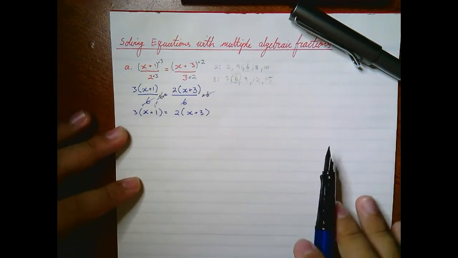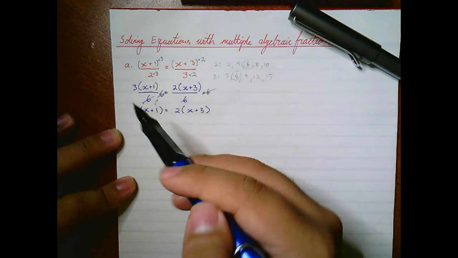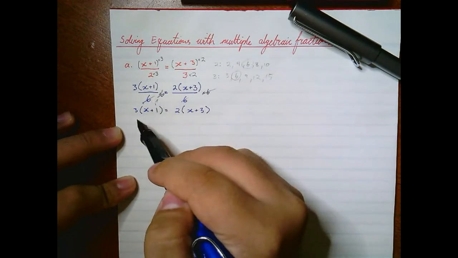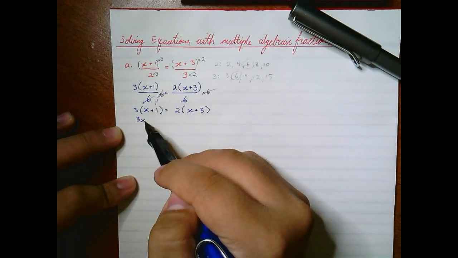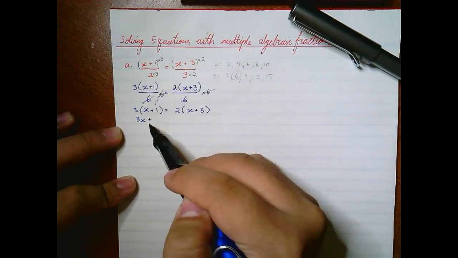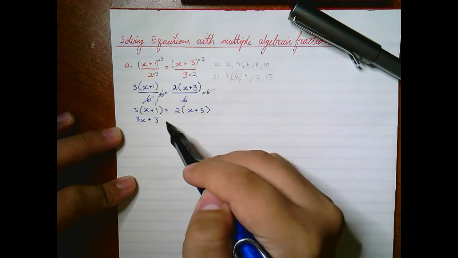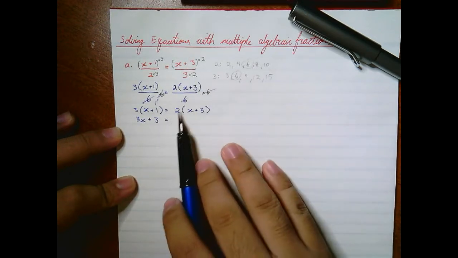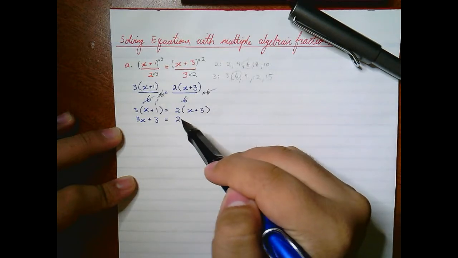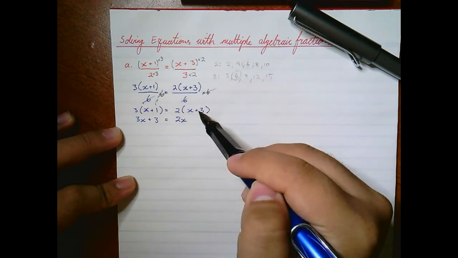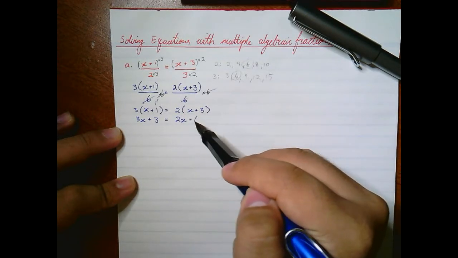At this point, it's just a matter of expanding the brackets. So 3 times x is 3x, 3 times 1 is 3, is equal to 2 times x is 2x, 2 times 3 is 6.